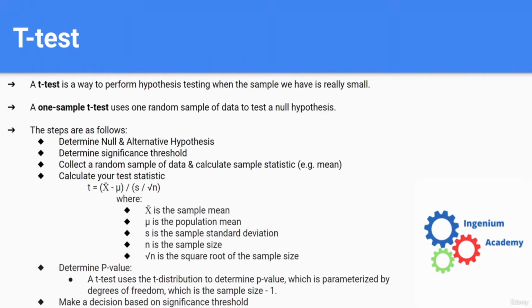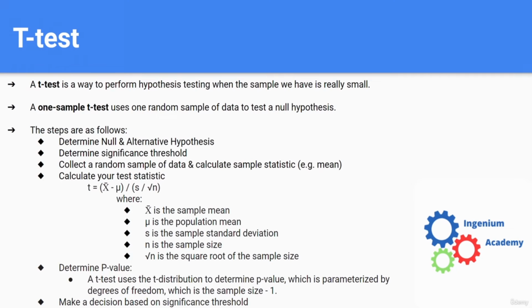And then once we have our p-value, we need to see, okay, if we know what is the probability of us observing this t-statistic or a more extreme value, is that probability lower than our significance threshold so that we can reject the null? Because a significance threshold could be, I want there to be a 5% chance of us getting this.